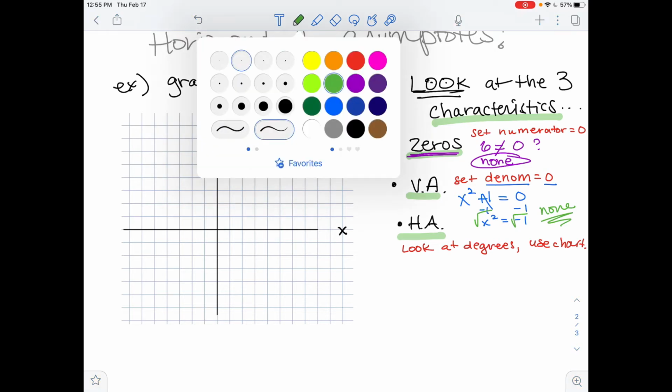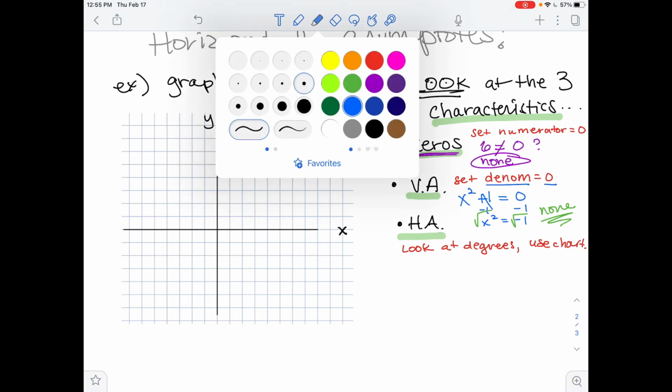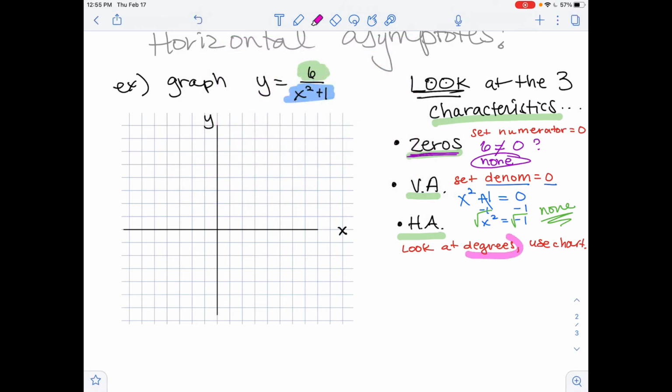And then to look at our horizontal asymptotes, we're going to look at the degrees of both. So our degree here would technically be a 0 on the top, because this is like saying 6 times x to the 0, which is just 1. So the degree on top, m, is 0, and the degree on the bottom, n, is 2.